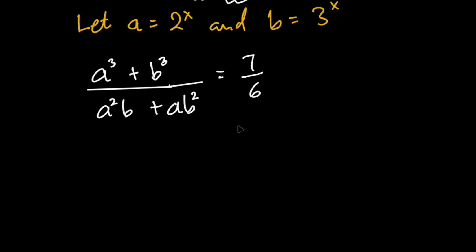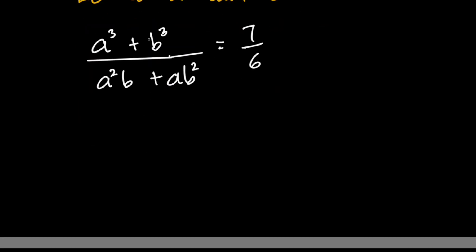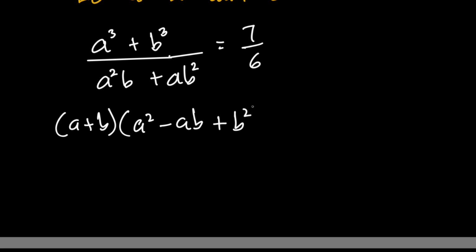Now at this moment, you notice that we have addition of 2 cubes, so we can just use algebraic identities for this. So a cube plus b cube could be expressed as a plus b times a squared minus ab plus b squared, right? That is what we have. Then divided by, now over here you notice that we have a here, b here, b here. So precisely we can just factor out ab rather.